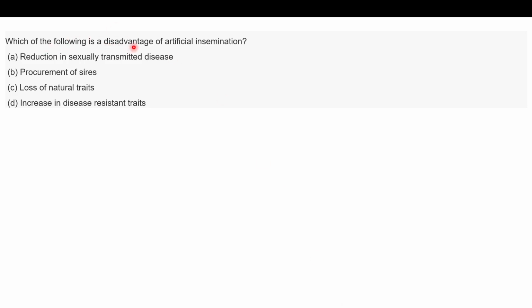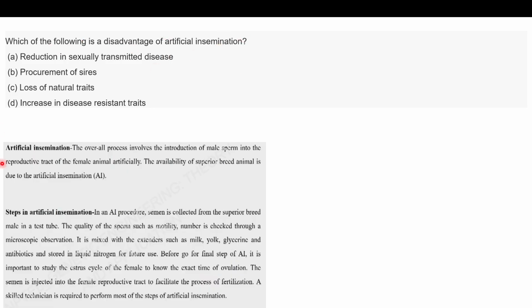Now, which of the following is a disadvantage of artificial insemination? Artificial insemination involves the artificial introduction of the male sperm into the reproductive tract of the female animal, and the availability of superior breed animals is due to it.